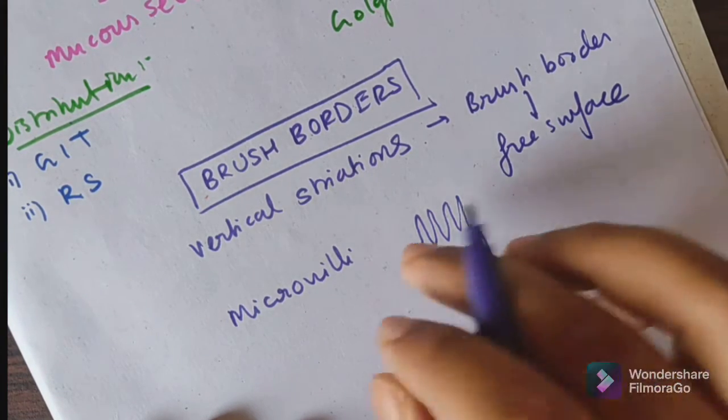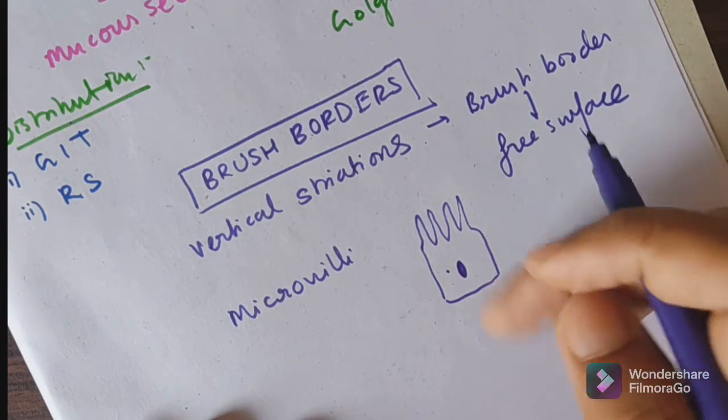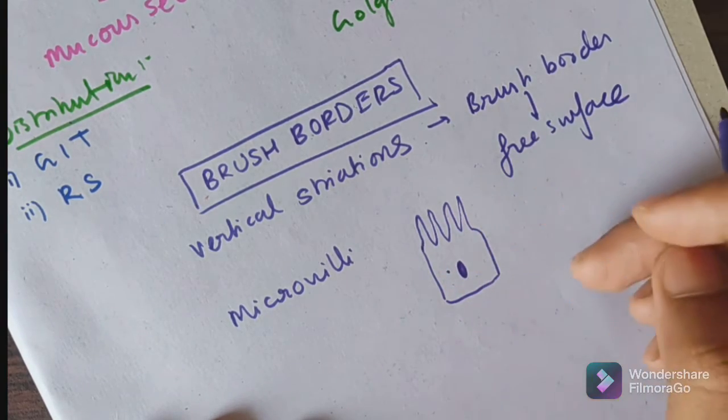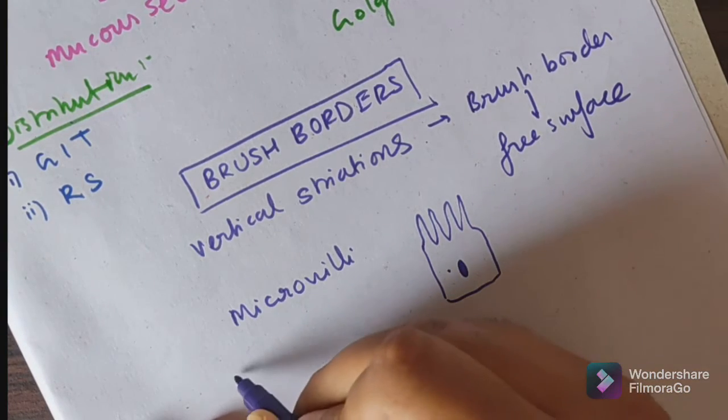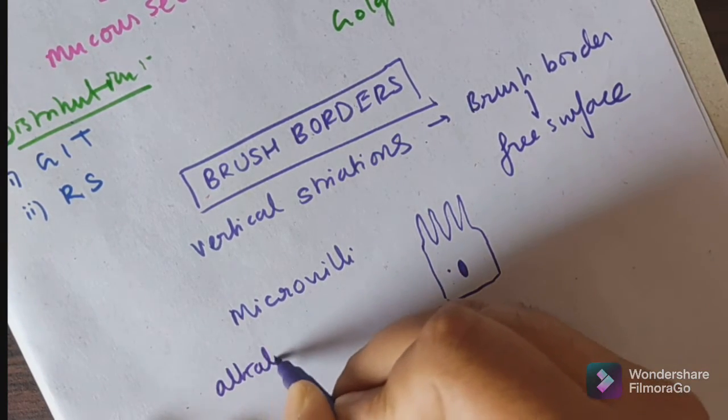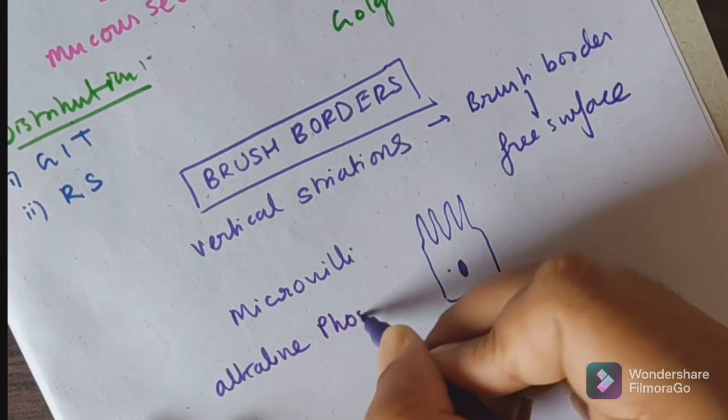So these are the microvilli. They are cylindrical projections of the cytoplasm of the cell. They are covered by a cell membrane. Now the brush borders are rich in one important enzyme known as alkaline phosphatase.